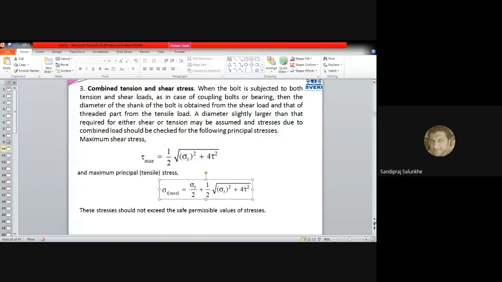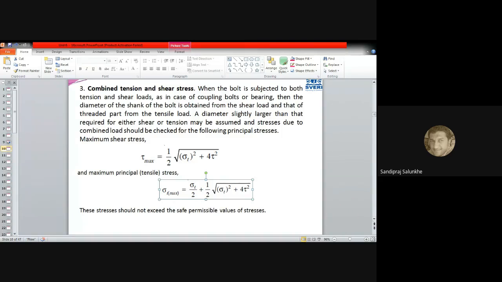Now we'll use these two formulas to calculate the dimensions of that bolt. First we calculate the diameter, and afterwards we will find the other diameters and dimensions of that bolt.